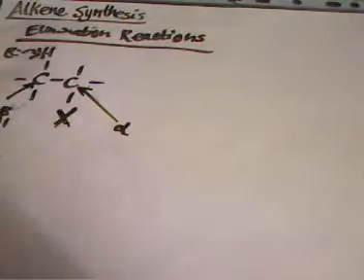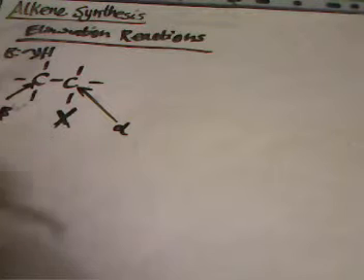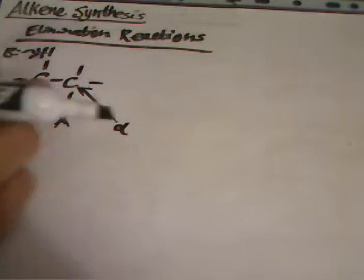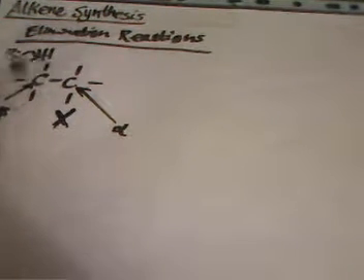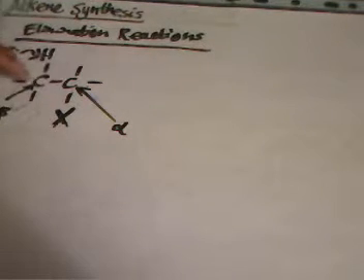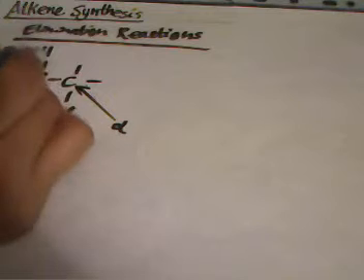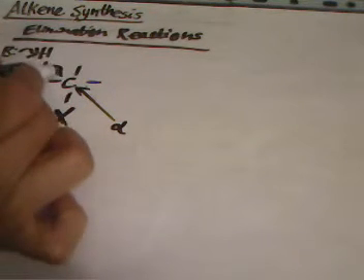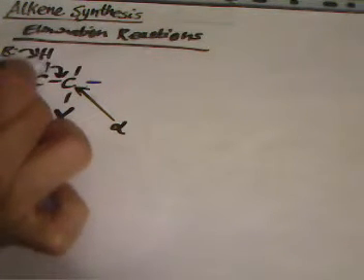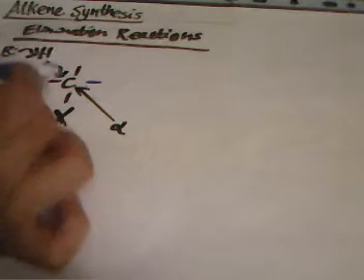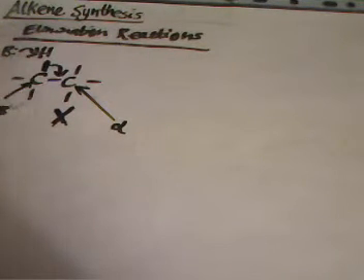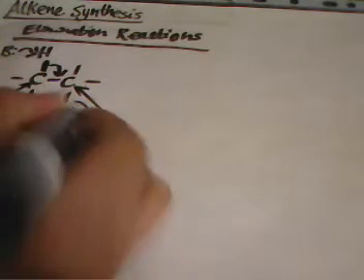So the base abstracts a proton from the carbon adjacent to the carbon holding the X. The CH bond electrons move between the 2 carbons, and the leaving group leaves.